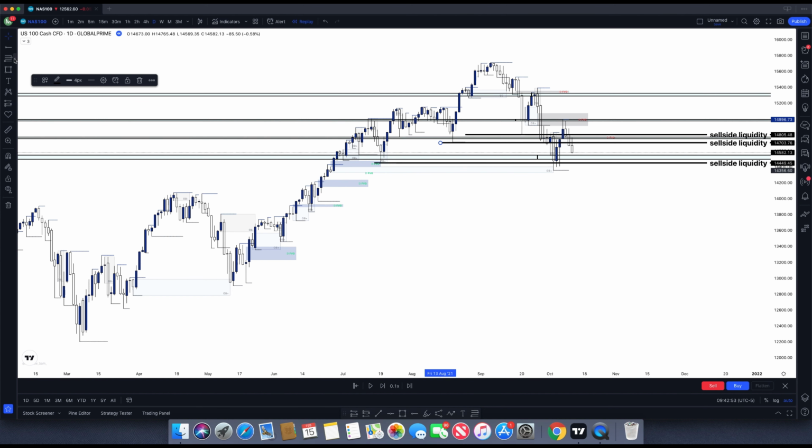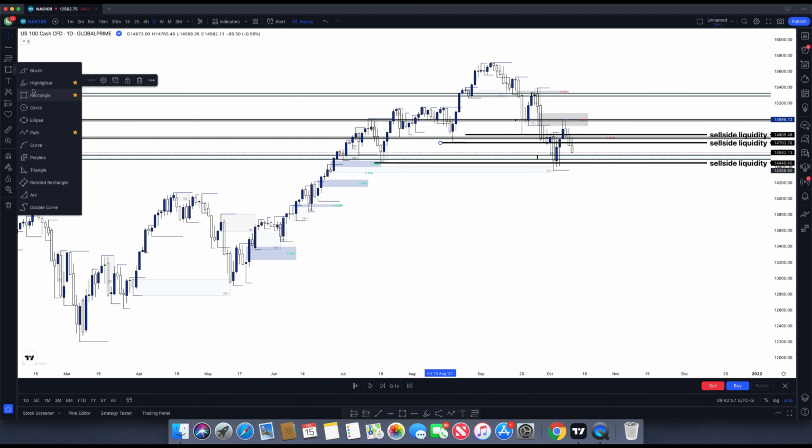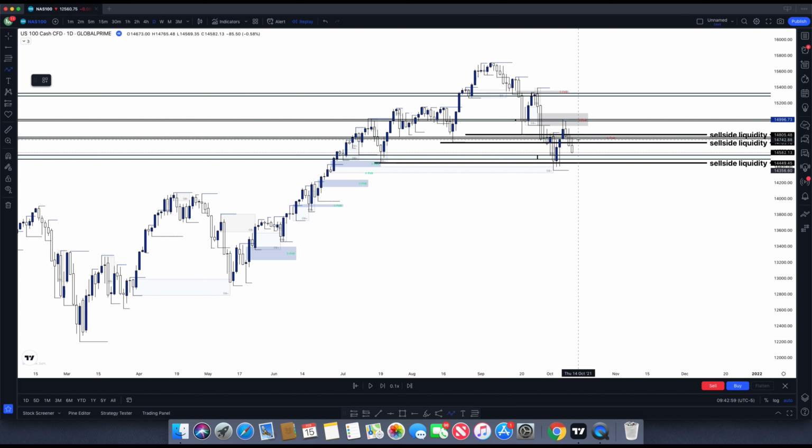So what can happen here is the market can go back bullish. It also had a bullish breaker, so there was a bullish market shift here. The market can go all the way back towards these highs.